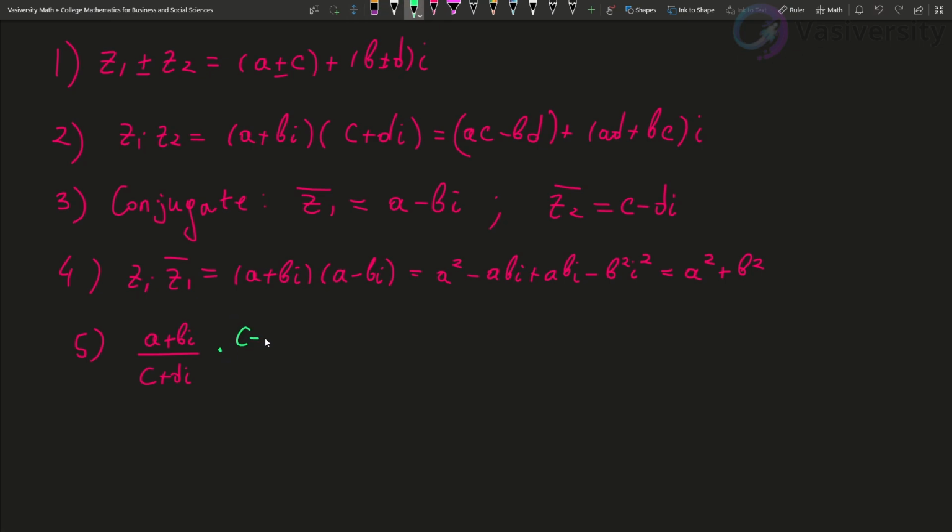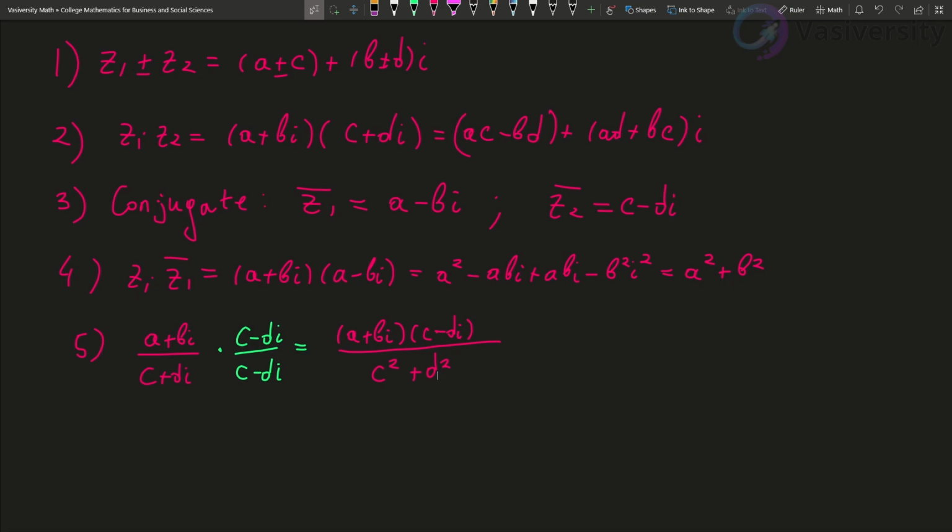So we're going to have times (c minus di) over (c minus di), which, if we simplify, gives (a plus bi) times (c minus di) over, we know that multiplying the two conjugates by property number 4, we get c squared plus d squared. Okay, and now that is a complex number. Meanwhile, this one was not a complex number because it's a fraction. We do not know which one is real, which one is complex. We have imaginary unit i in both numerator and denominator, so we do not know how it actually behaves.